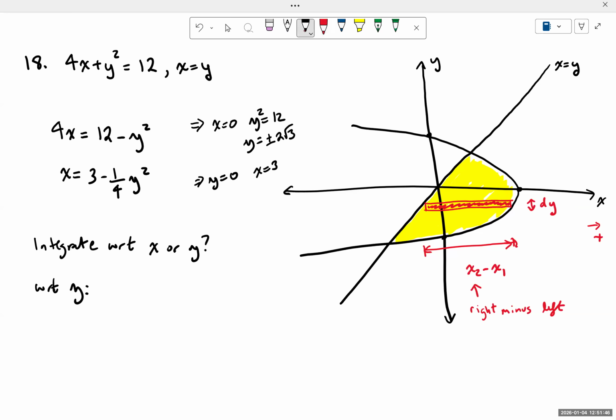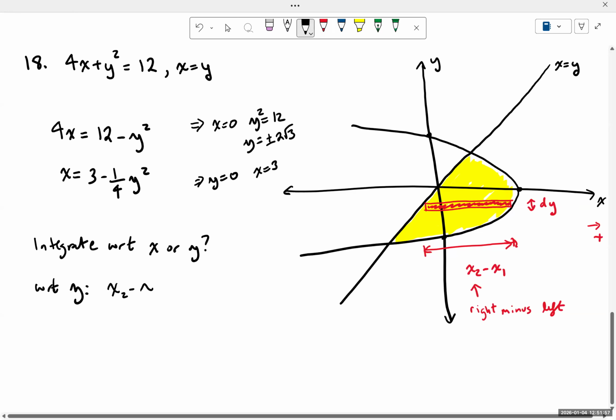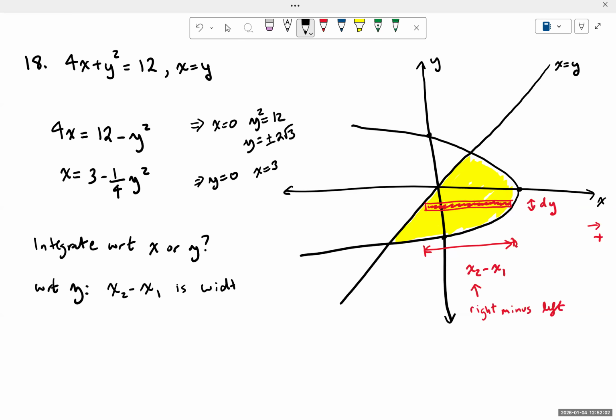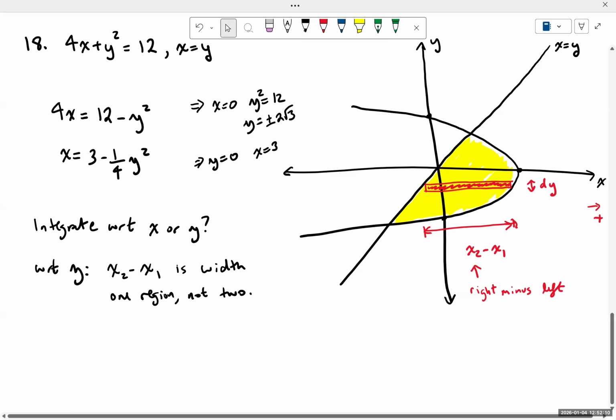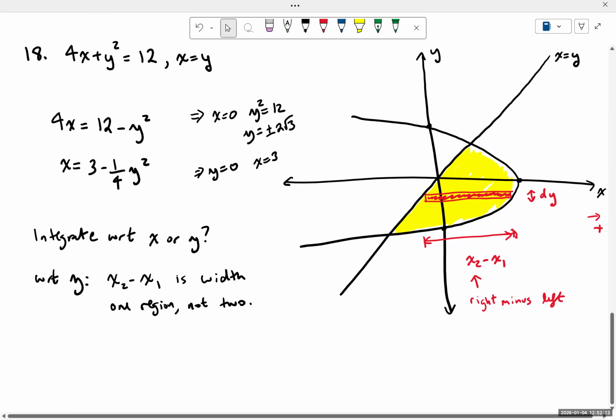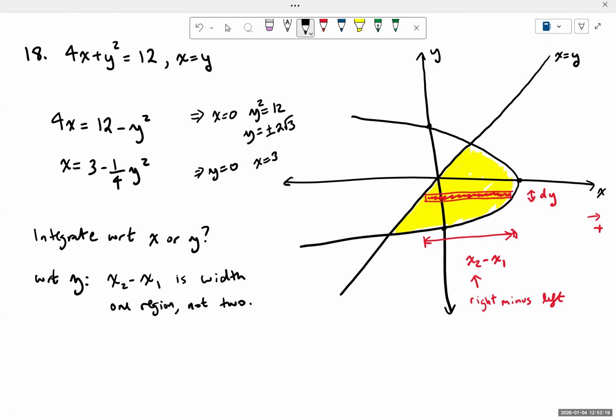So with respect to y, I have that x2 minus x1 is the width. One region, not two. Okay. Which is going to tell me, oh, you know what? I should write this curve. I forgot to label this a little bit better.